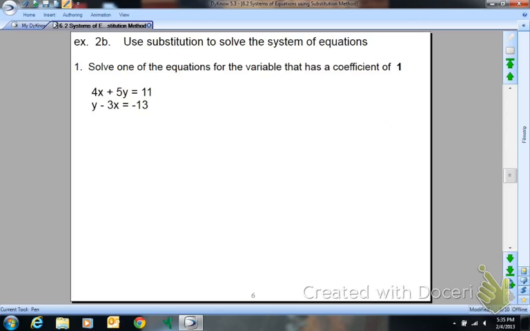Okay, in example 2b, it says solve for one of the equations for the variable that has a coefficient of 1. That is step 1. And if you will notice, the second equation, y, has a coefficient of 1. So I am going to solve for y.